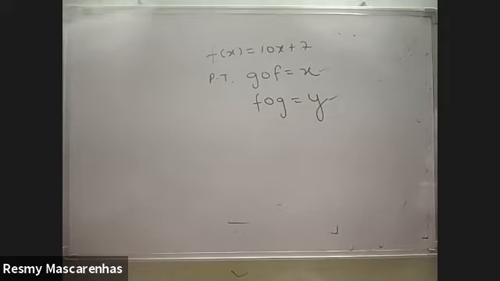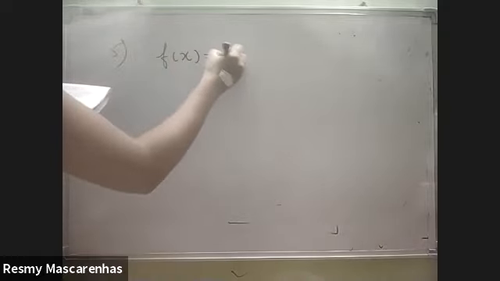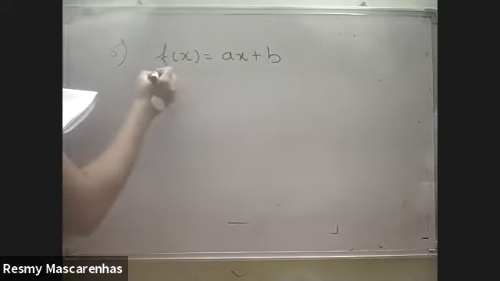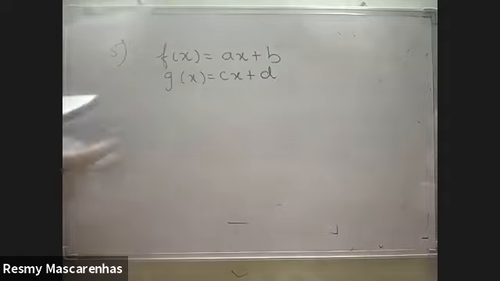Okay, now we'll do the last one, the fifth one. If f of g of x is equal to g of f of x, show that f of d is equal to g of b.